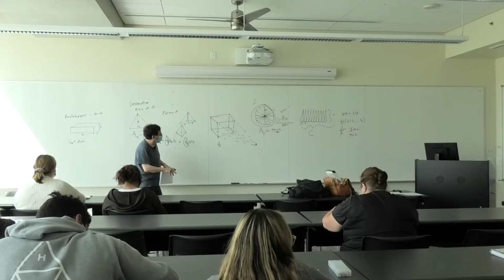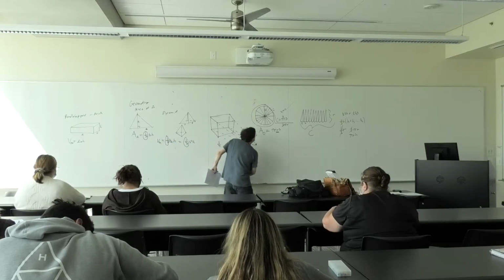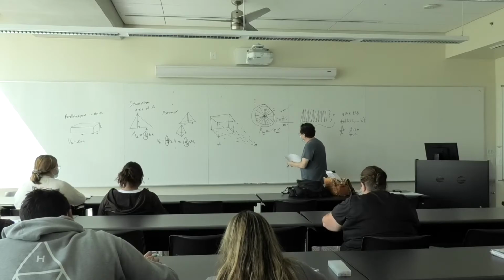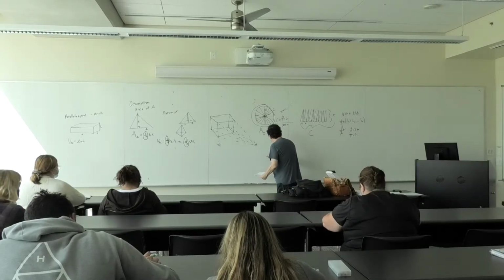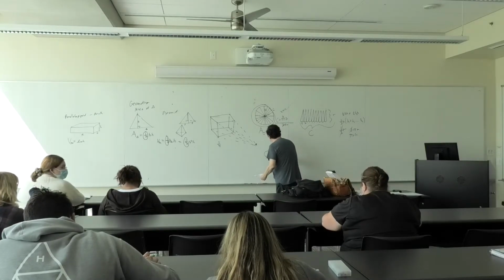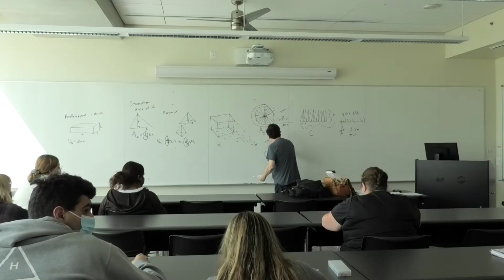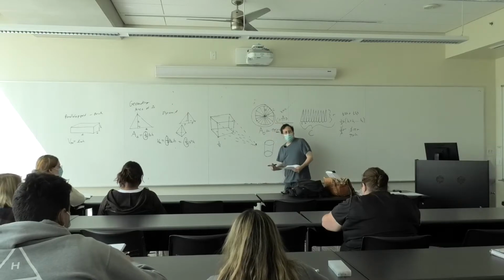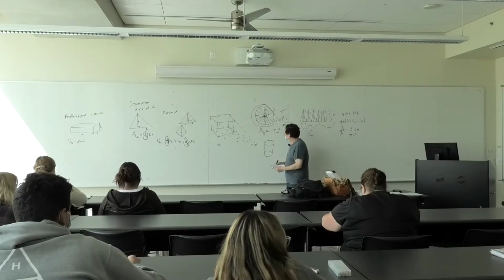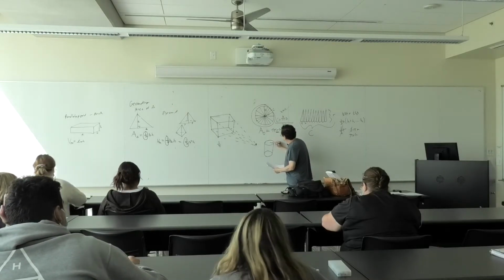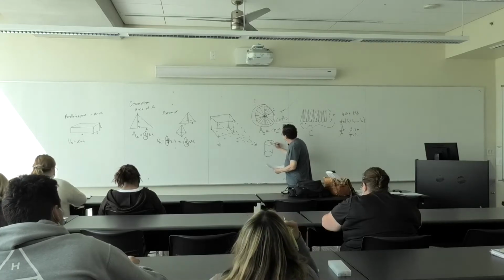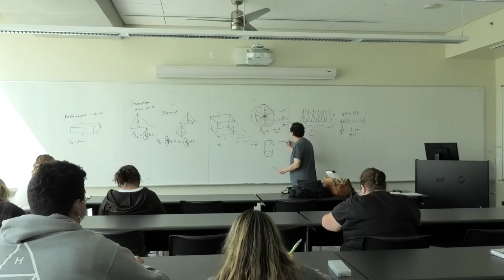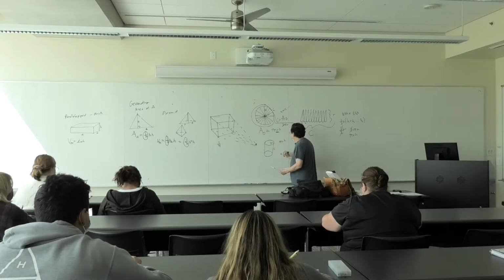Okay, the two more volumes we're going to do are both related to circles. If you have a circle as a base, well, the circle is going to have a radius, and the area of the base is going to be pi r squared, and it's going to have a height.